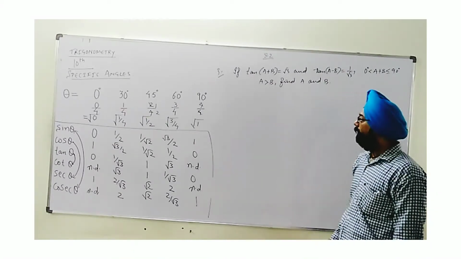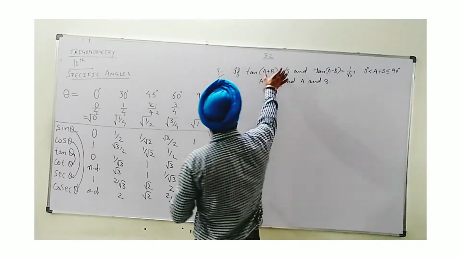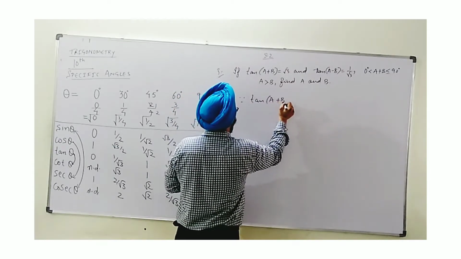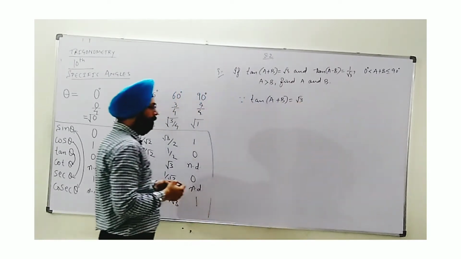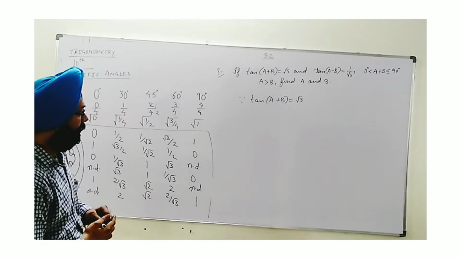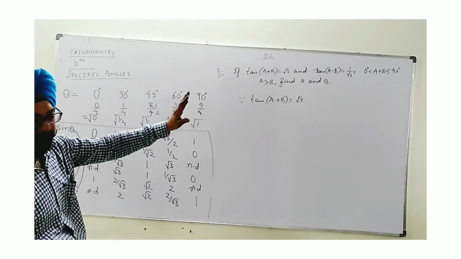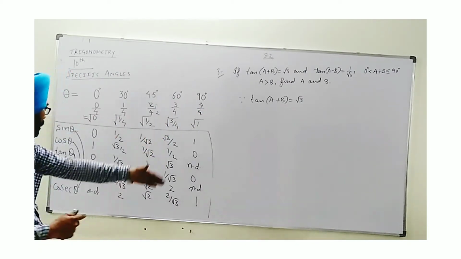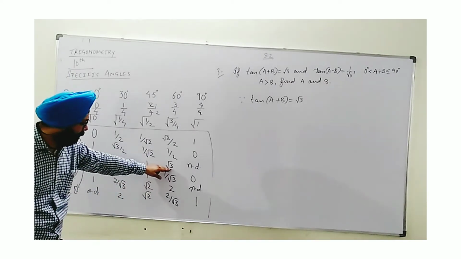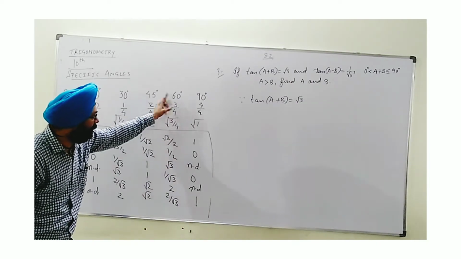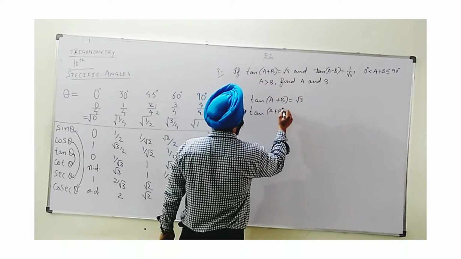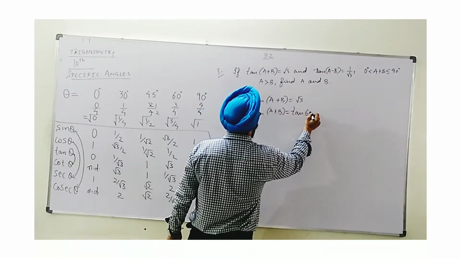How to do this? As we see that in first condition, since tan(A plus B) is root 3, this will give you different knowledge. What's that? Root 3, the right hand side value must be written in form of tan from the table. You see, when we move with tan, where is root 3? Which is the value of 60 degree. So yes, this can be written as tan(A plus B) is equal to tan 60 degree.